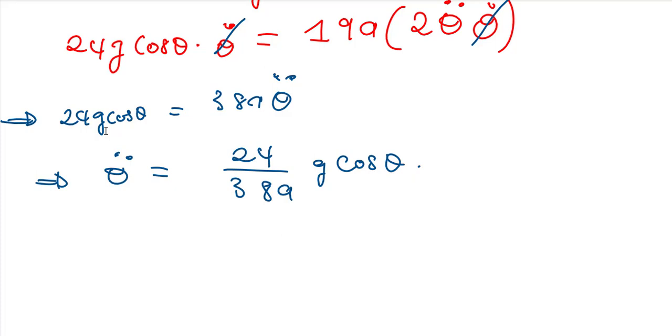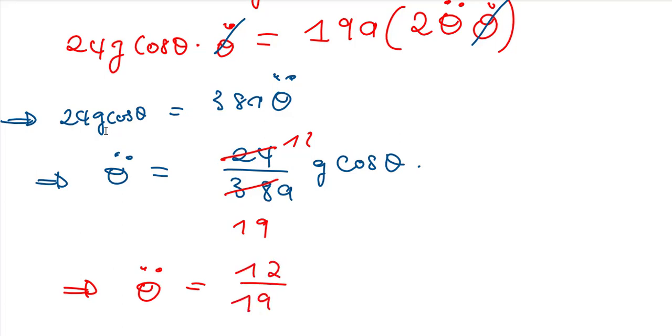Now we can simplify by 2: here we have 12 and here we have 19. So theta double dot will be equal to 12 all over 19a times the cosine of theta.